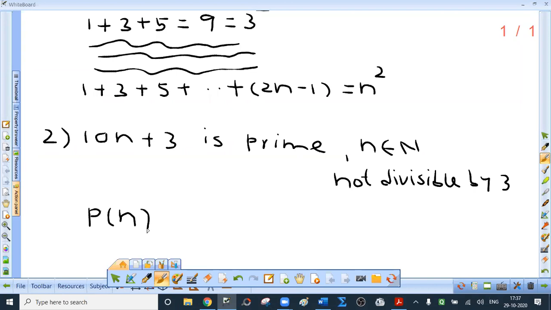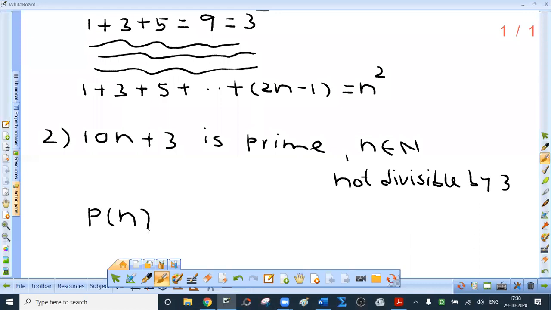Now we are interested in knowing whether a guessed result P of n is true for all natural numbers. That is, in proving it to be true for all natural numbers n. The method of proving such a result is provided by a principle known as principle of mathematical induction. I repeat, the method of proving such a result is provided by a principle known as principle of mathematical induction.